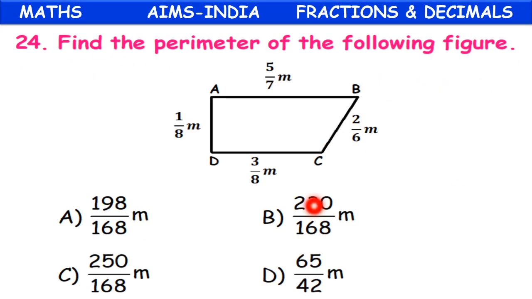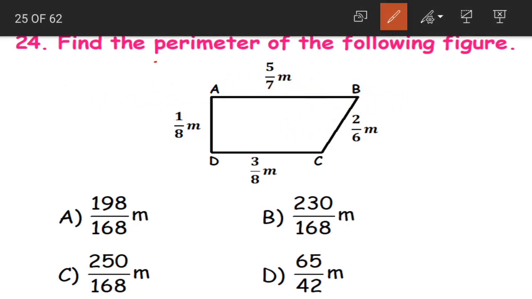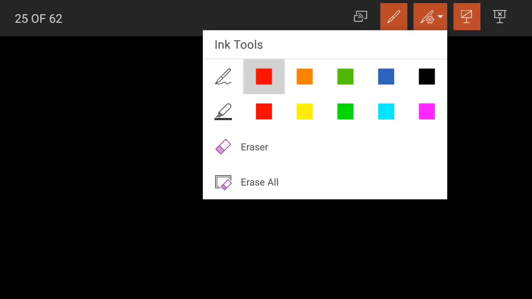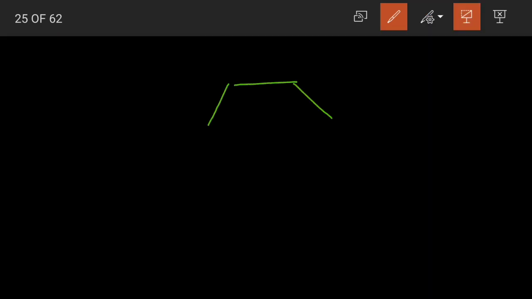Next question 24. Find the perimeter of the following figure. Now when we say perimeter, children, perimeter means the total area. We have to find out the total area. Suppose if I give you a figure like this, no matter whatever figure it is, and then I have given you the length of the sides like this, children.